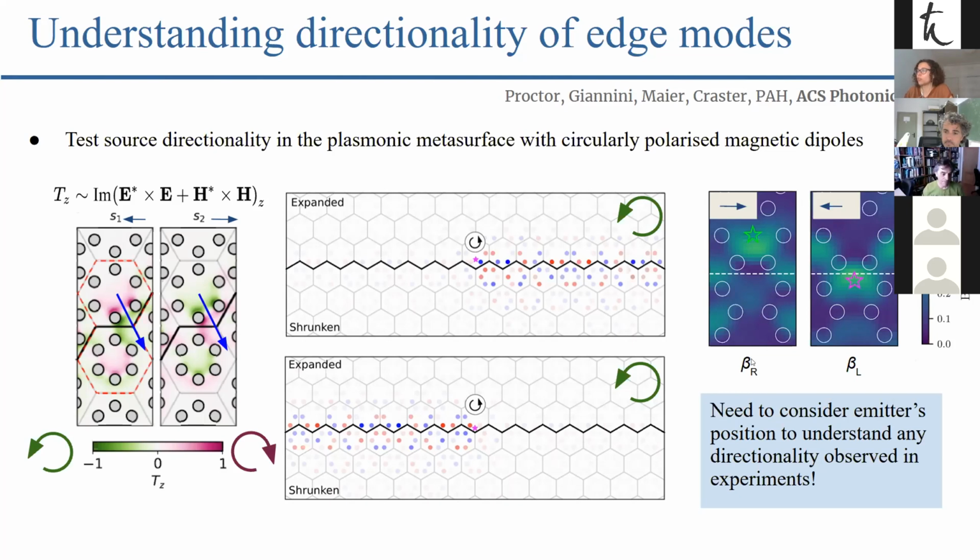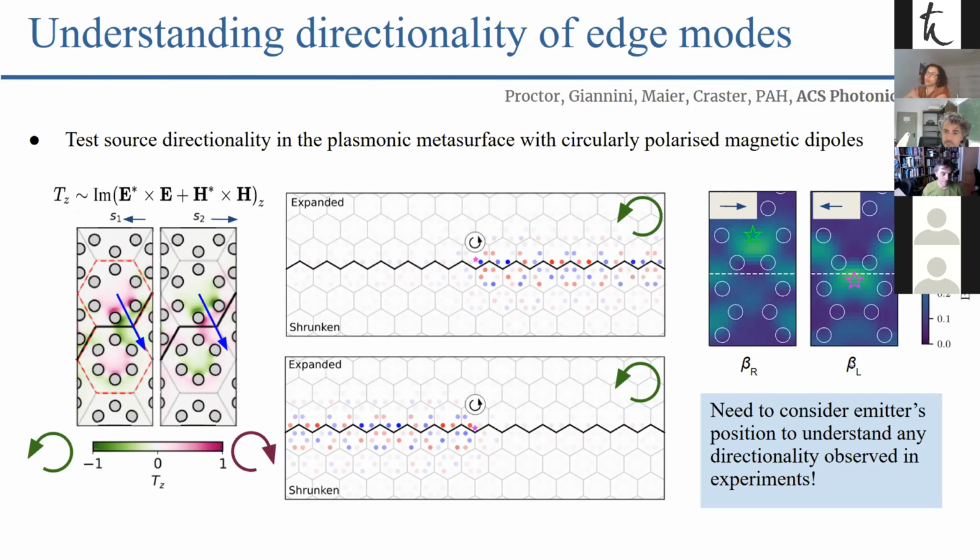So we can also define some beta factors of coupling to the right or the left propagating edge modes, and do these kinds of contour plots where we test many dipole source positions, and we find that there is a larger coupling to the right propagating mode when the emitter is placed close to the unit cell center. And on the other hand, when it is placed at the interface, the coupling to the left propagating mode is larger.